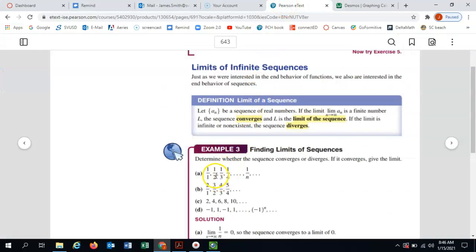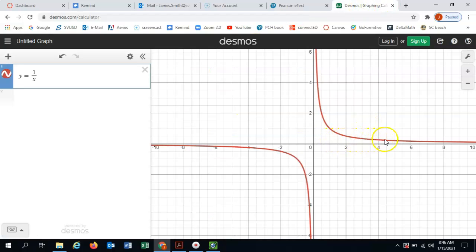Well, look at what's going on here. This is where n equals 1, n equals 2, n equals 3, n equals 4. The numbers are getting bigger and bigger and bigger. In other words, I am looking at the graph as it goes to the right, as it heads towards positive infinity. Well, as I move my cursor towards positive infinity, what is the graph approaching?